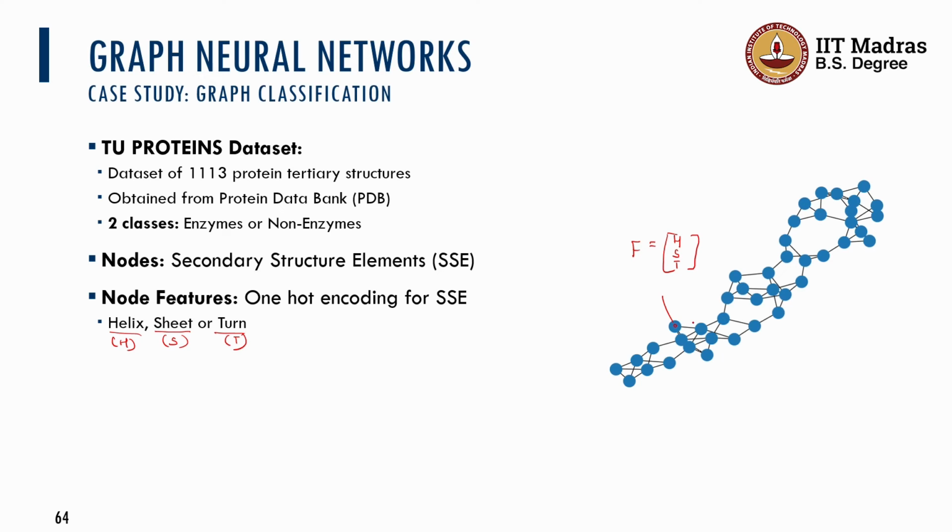If this particular node has a secondary structure element as a helix, then it will look like 1, 0, 0. And if this node has a turn as the SSE, then it will look like 0, 0, 1. In this manner, for each node, we can provide node features.